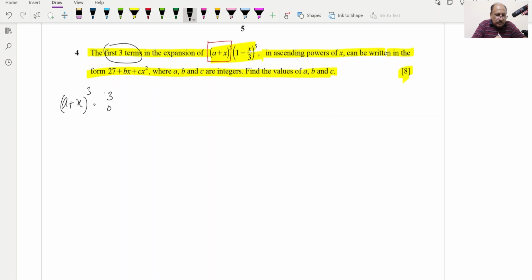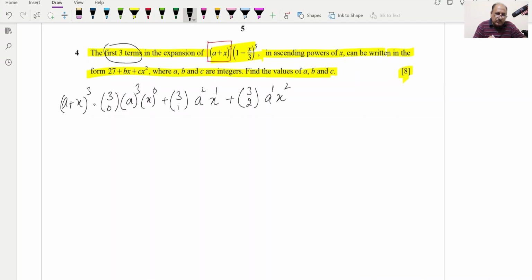So 3c0, a raised to the power 3 and x raised to the power 0. This will be the first term. Second term will be 3c1, a raised to the power 2 and x raised to the power 1, plus third term will be 3c2, a raised to the power 1 and x squared.